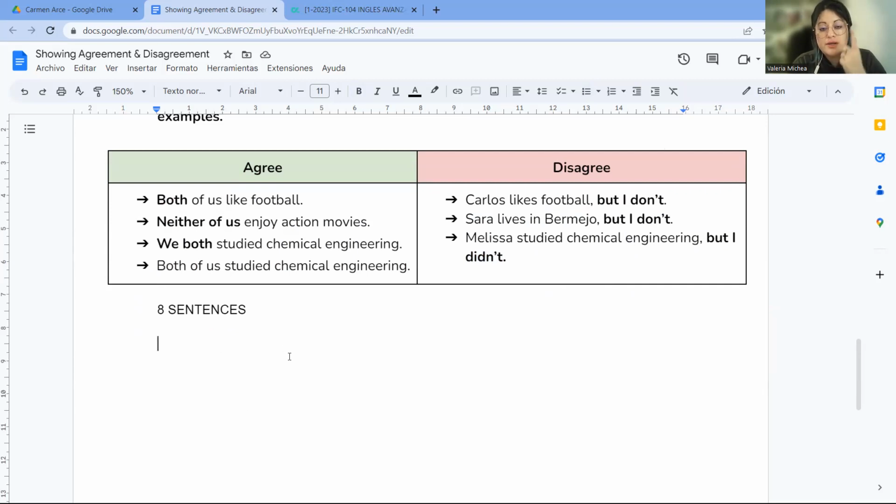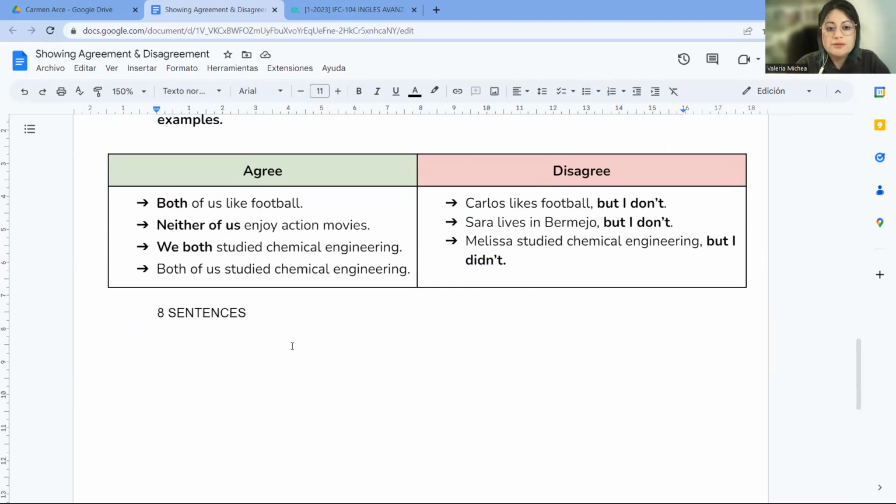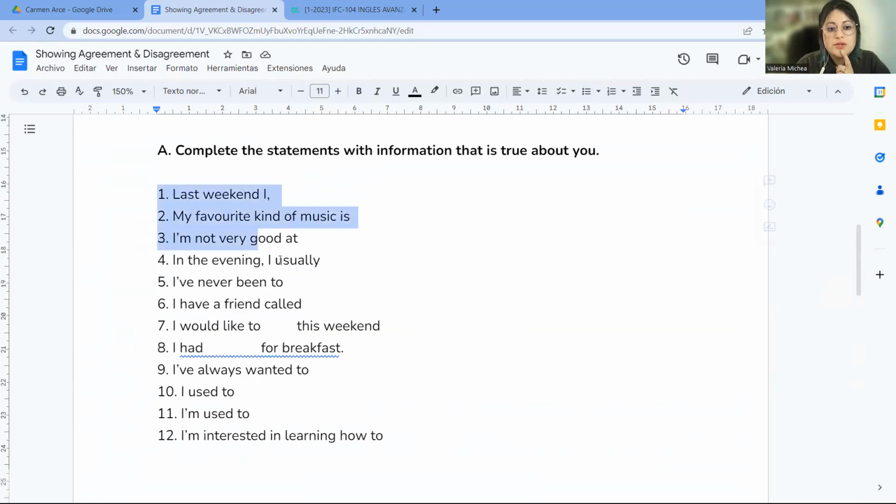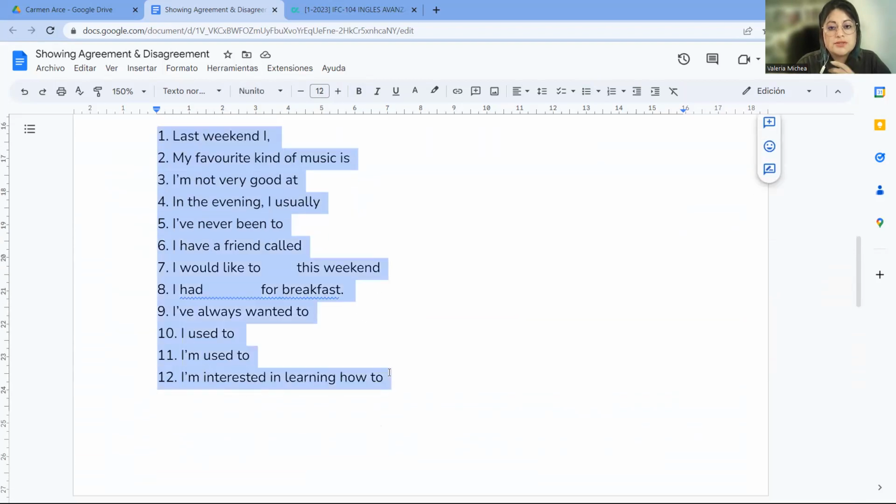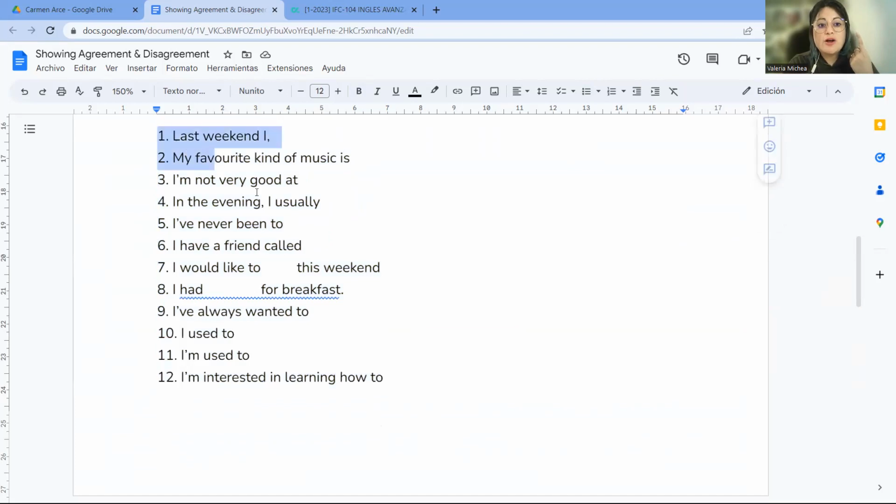First thing, I'm going to put you in breakout rooms, right? So you are going to share your sentences with your partner, right? So you take turns to share the sentences. I would say that the first person reads all his or her sentences.